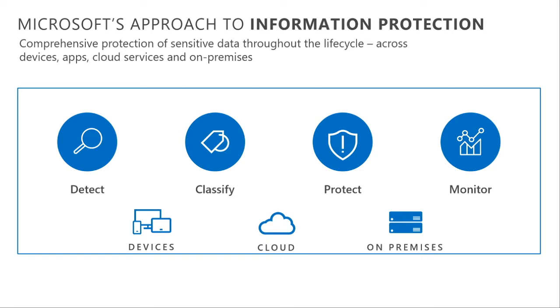And fourth is we want to monitor that data. So once we've found it or protected it or done something with it, we want to give you insight into how that data continues to be used, how it's been protected, where your risks are, so you understand your compliance posture and your security posture across your organization over time. And now this applies to your devices, to your cloud storage, as well as on-premise deployments, not just in the cloud.